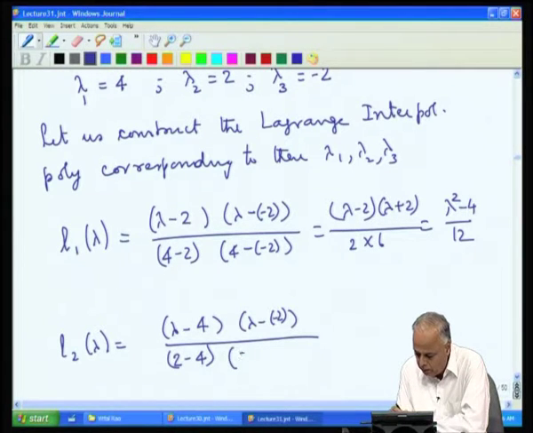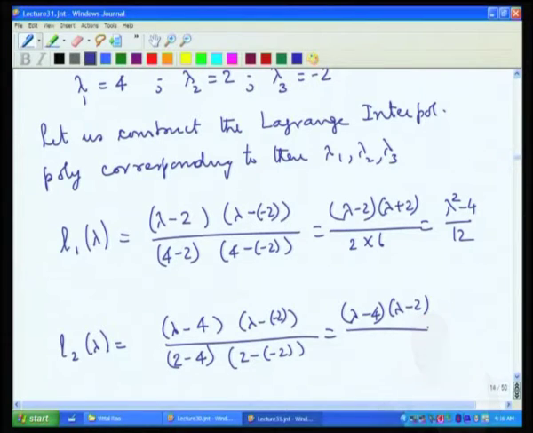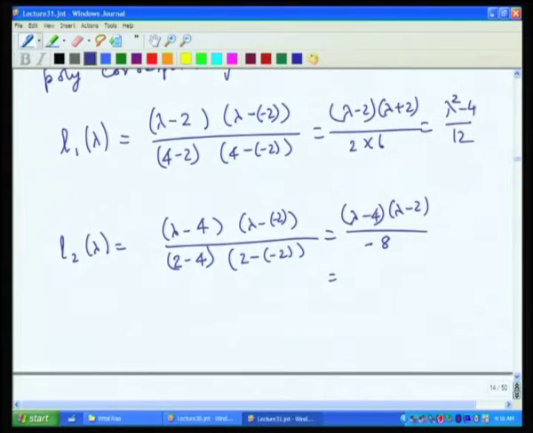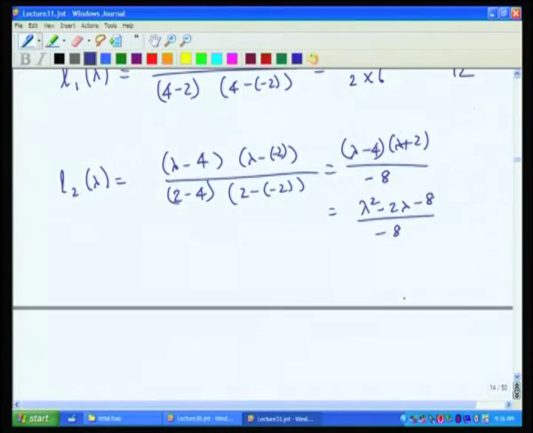So it is 2 minus 4 into 2 plus 2, which is lambda minus 4 into lambda plus 2 divided by minus 8, which can be written as lambda squared minus 2 lambda minus 8 by minus 8.